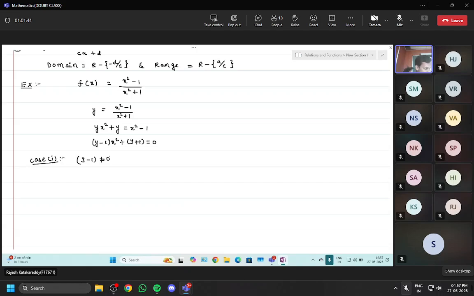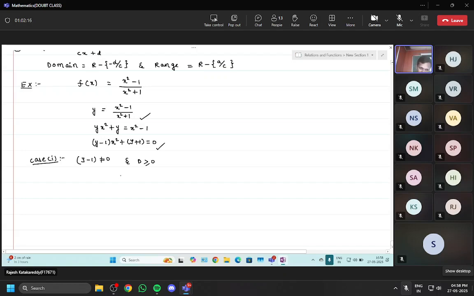If there are real values of x and y, this quadratic equation should have real roots, that can be equal or that can be distinct. So discriminant is greater than or equal to 0.